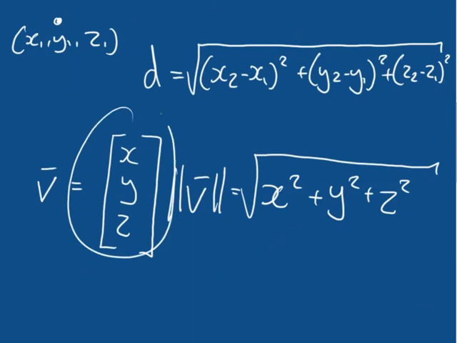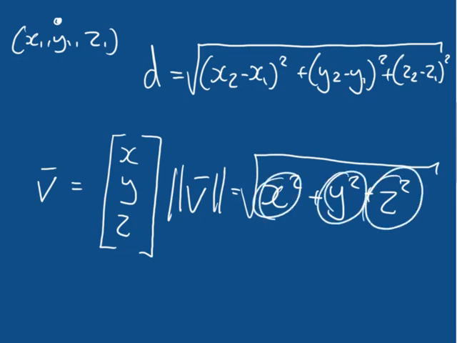So the magnitude of our 3D vector is the square root of the sum of the squares of each of our components. We then take the square root of that.